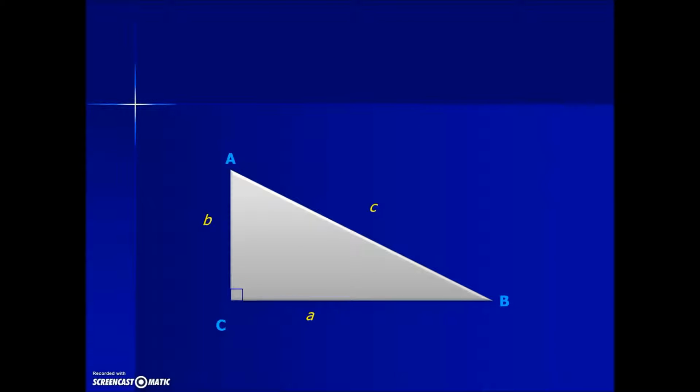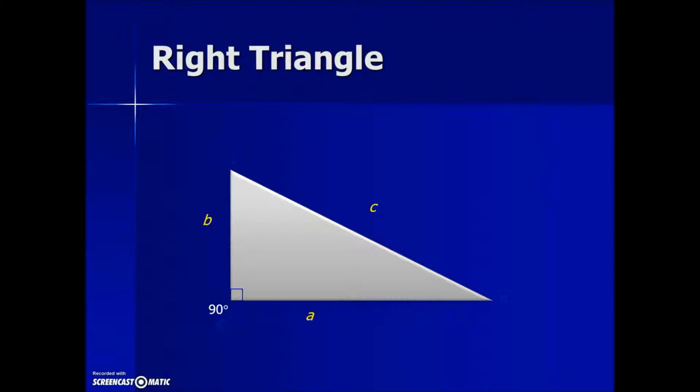Here we have a right triangle, and we indicate that by the small box to show that we have a 90-degree angle. The side opposite the right angle is the longest side. It's called the hypotenuse. And the two sides making up the right angle are called the legs.